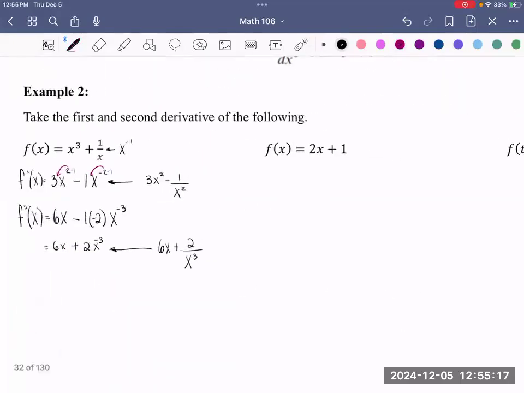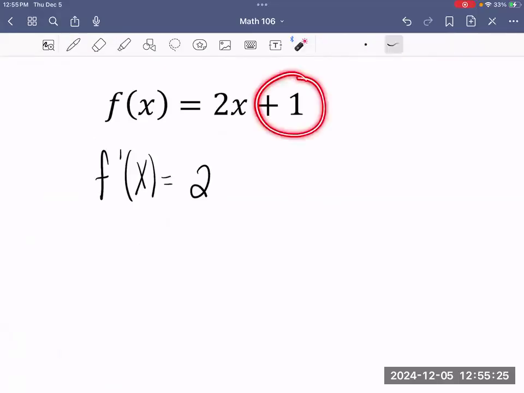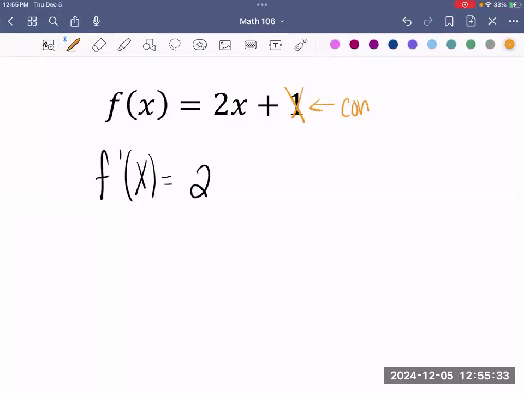Let's try it once more. So f prime of x is equal to just 2. 1 is a constant, so we no longer need to work with that one. I'll just write that there. So now let's go ahead and derive.